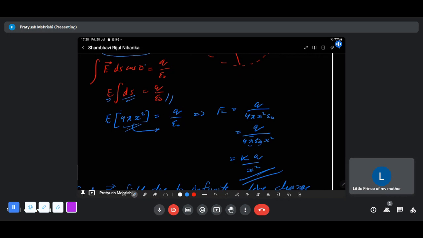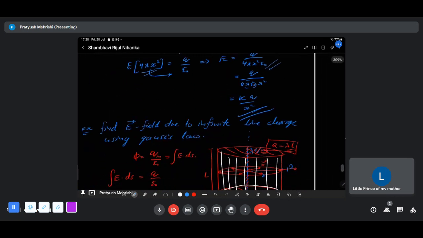So E into 4 pi x square equals q upon epsilon naught, or E will be q upon 4 pi epsilon naught x square. This 1 upon 4 pi epsilon naught is k. So ultimately we get kq by x square.